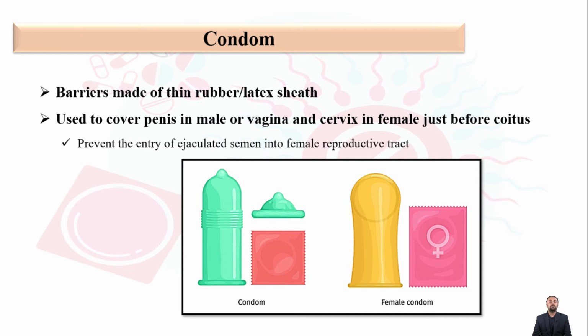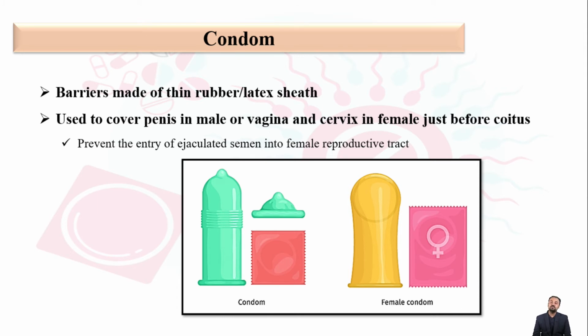Basically, condoms prevent the entry of the ejaculated semen into the female reproductive tract. And not just this, students, they not only prevent fertilization and therefore pregnancy, they also prevent the transmission of STDs from one partner to the other.